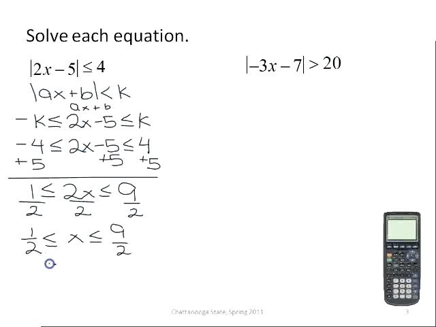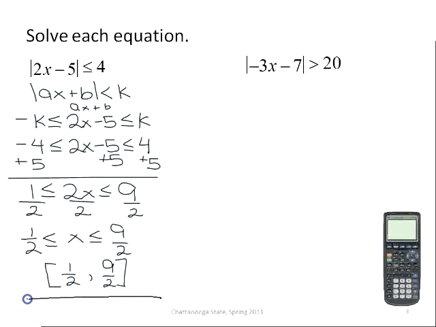So this is in interval notation. It would begin at 1/2 and it would end at 9/2, and we would use a bracket at each end value because we have the equal portions.